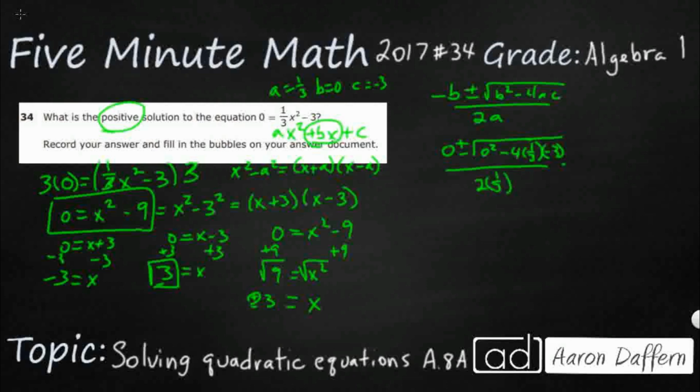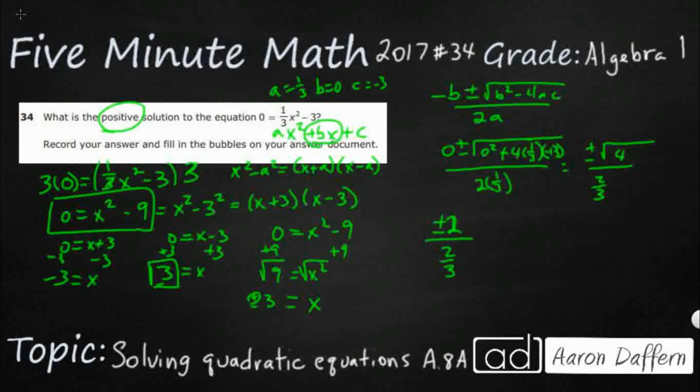Okay? So let's simplify this. I'm going to get rid of the 0 in the front, plus or minus the square root of, these are two positives here, and the 3 times 1/3 makes 1, so square root of 4 over 2/3, so that's going to be plus or minus 2 over 2/3.